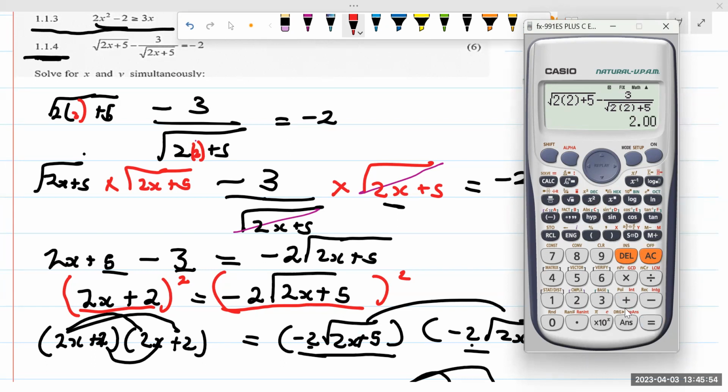If you say equals, it gives you 2. Is 2 equal to minus 2?